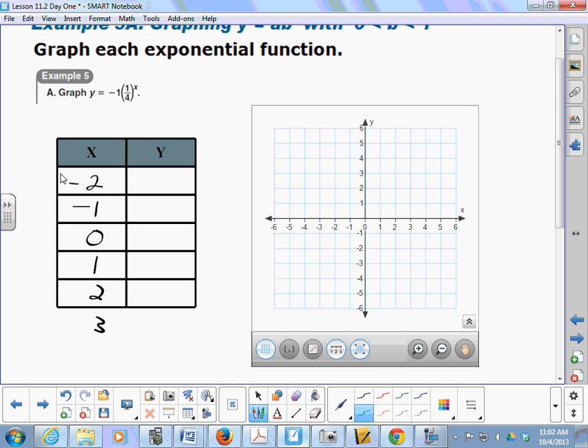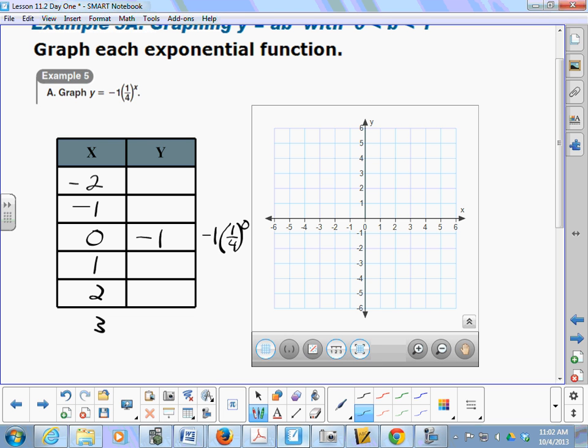So at 0 we've got -1 times 1/4 to the power of 0, which is equal to what? -1. Okay, 1 times -1 is -1. All right, and now we're going to go down to 1, 2, and 3. We're going to multiply by 1/4.